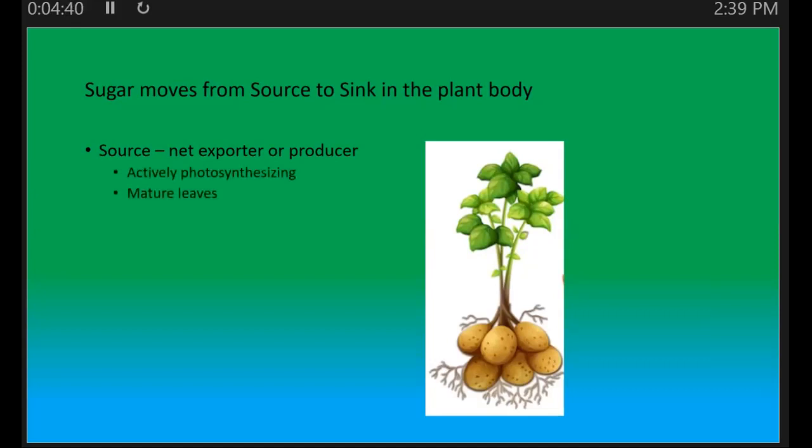And so we typically think about mature leaves as an excellent example of source tissue. Sink is just the opposite. It's a net importer of sugar or a net consumer. And if you think about it, I'm sure you could come up with these quite quickly on your own. Roots would be a great example because typical roots are buried in the soil.